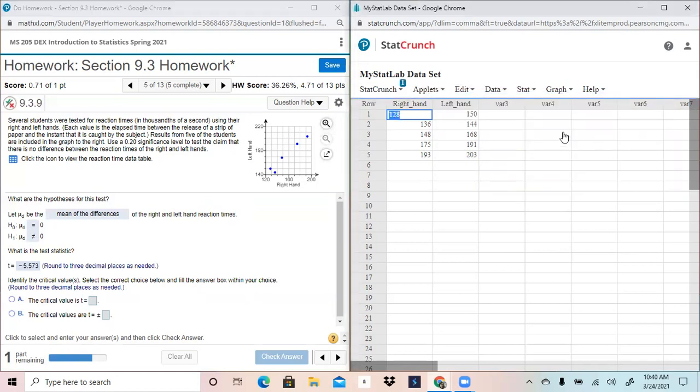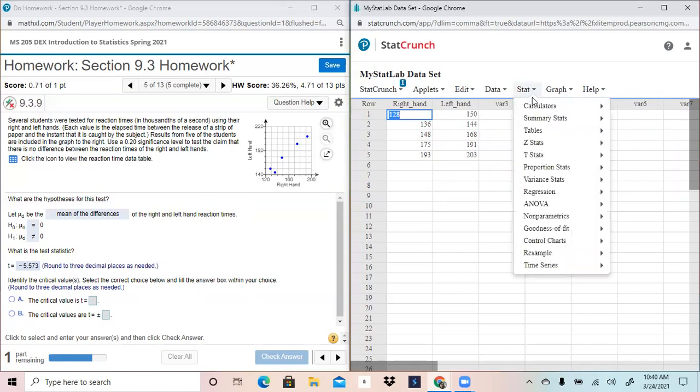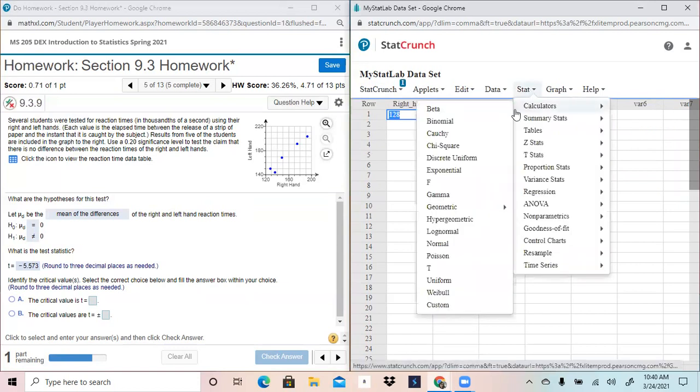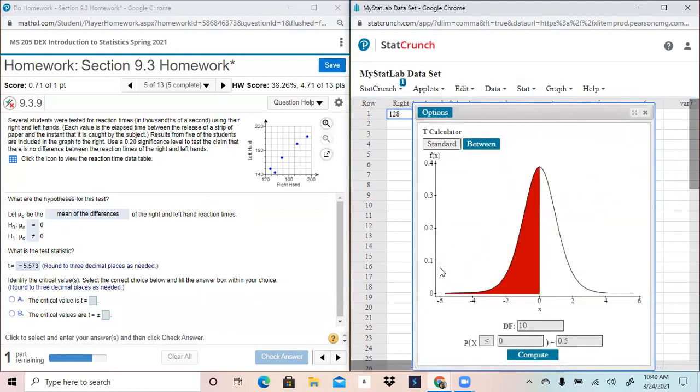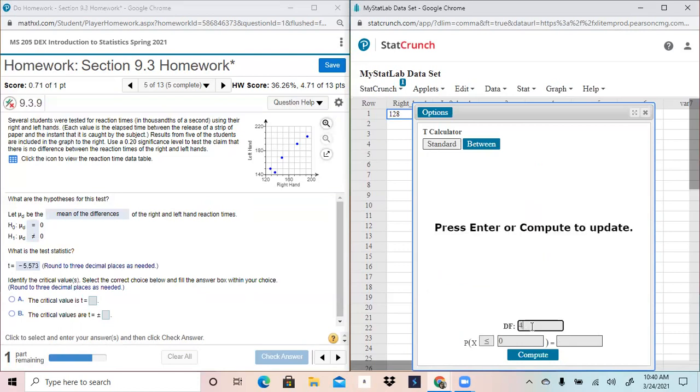To find the critical values, we need to go into calculators. These are t-values. To do a t-value, you have to put in the degrees of freedom. We have 1, 2, 3, 4, 5 data elements, so the degrees of freedom is 4.